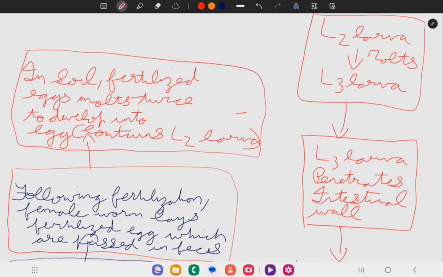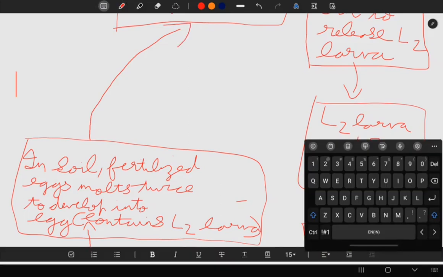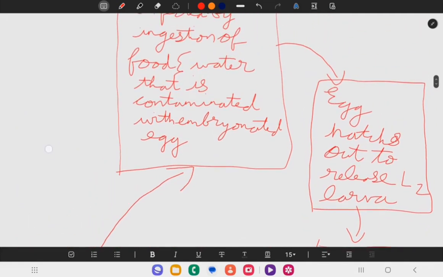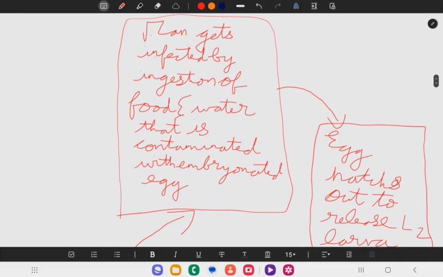This embryonated egg is the infective form of Ascaris lumbricoides, and man gets infected by ingestion of food and water that is contaminated with this embryonated egg.